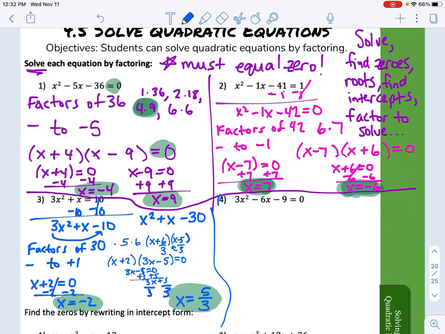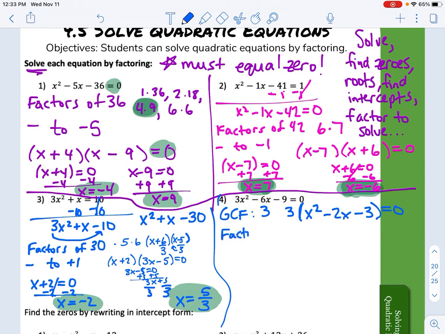All right, last one of this type. Check for a greatest common factor. Turns out there is one. All of these terms can be divided by 3. So if we do that, we end up getting 3, and then inside parentheses, x squared minus 2x minus 3 equals 0. And then go ahead and factor the inside part.